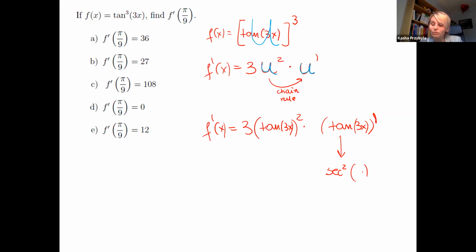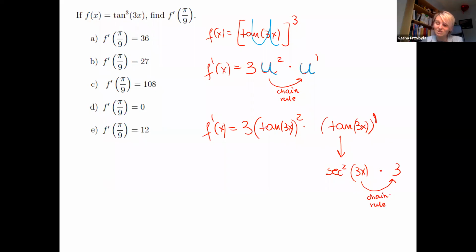Yes, we have to always keep the same angle, always. That means tangent of 3x will be secant squared of 3x, and we still have another chain rule, the most inner function, the derivative of 3x. I can put right away, it is 3.